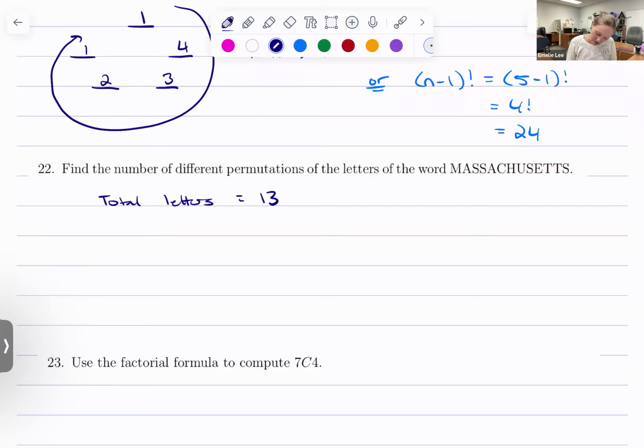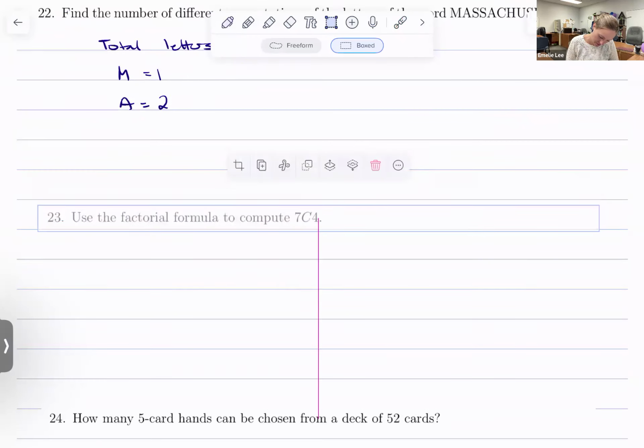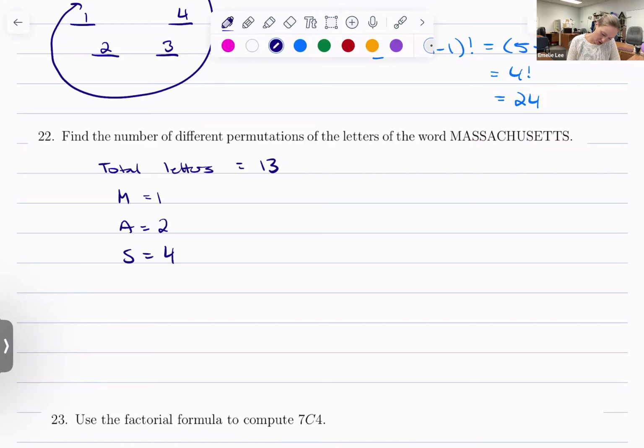Now I have one M. I have two A's. How many S's do I have? 1, 2, 3, 4. Wow. Massachusetts. C, I have one. H, I have one.